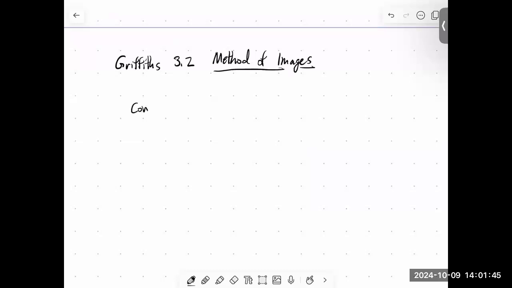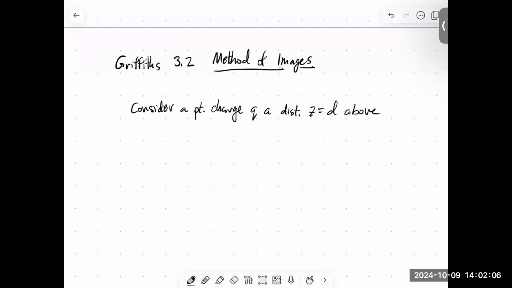The way we're going to do this is through an example. Let's consider a point charge Q at distance Z equals D. We'll put our point charge on our Z axis, a distance D above the XY plane.